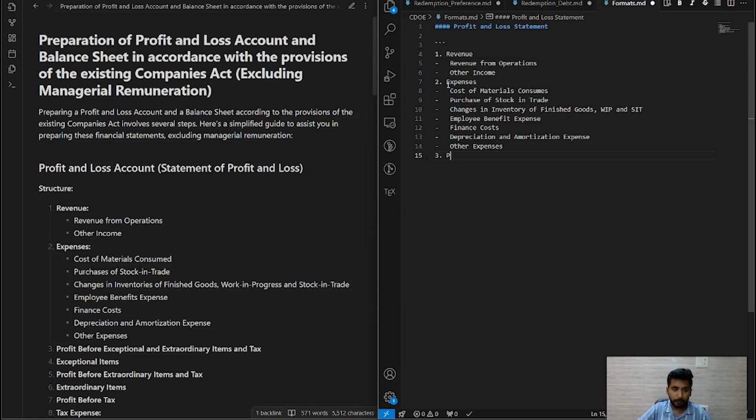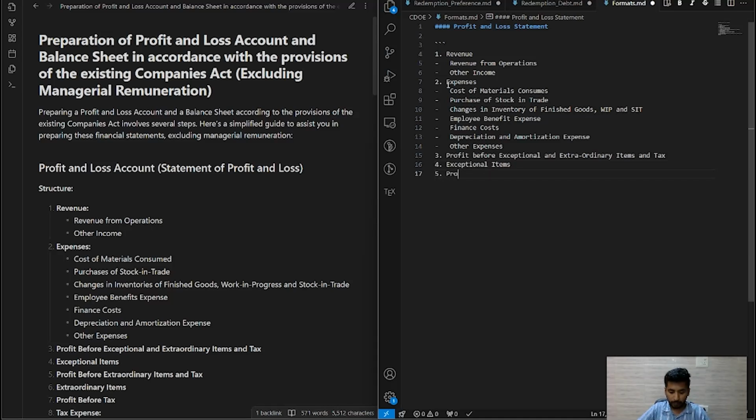Then the third head will be the profit before exceptional and extraordinary items and tax. Fourth will be the exceptional items.